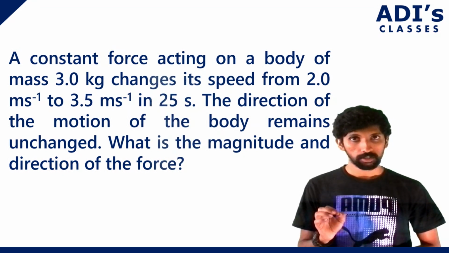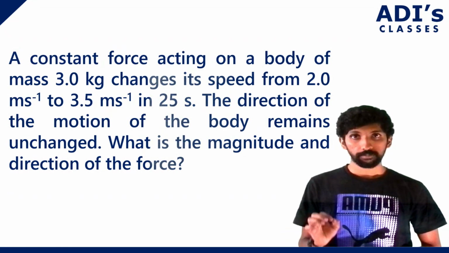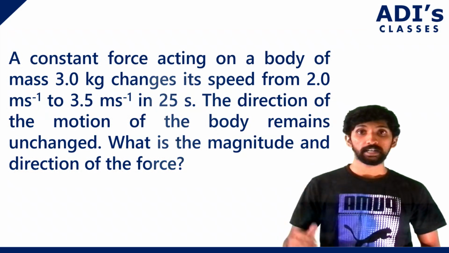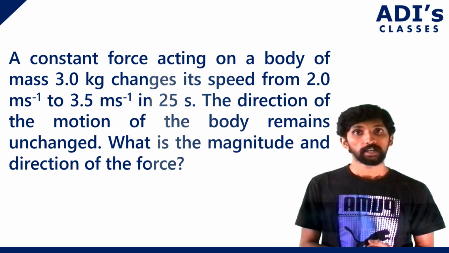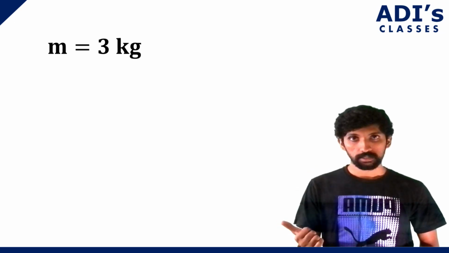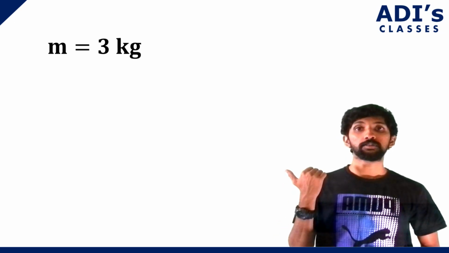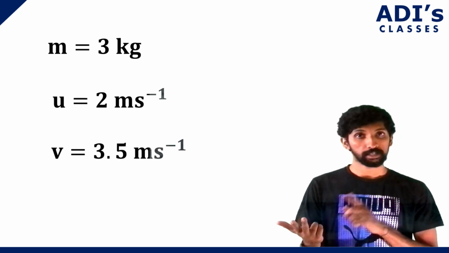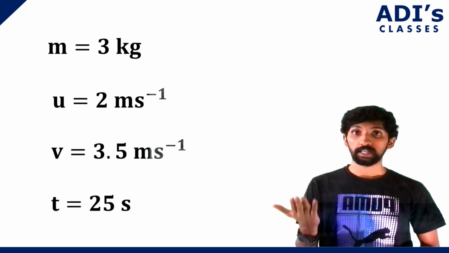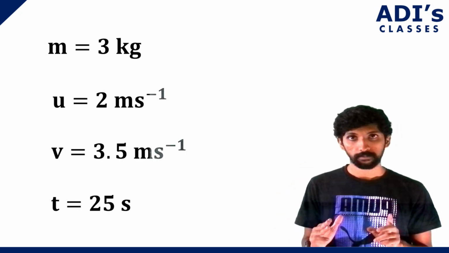Okay, so this is the question. So take a moment and then try to see what are the informations given to you. Okay, see here they have given you the mass 3 kg, they have given you initial speed which is 2, final speed 3.5, and they have given you time in 25 seconds.